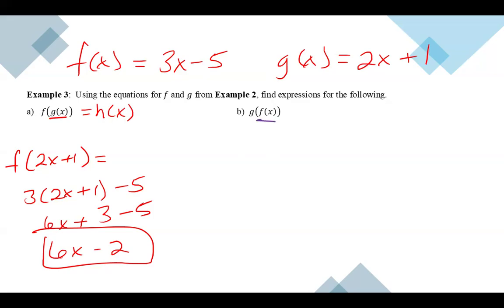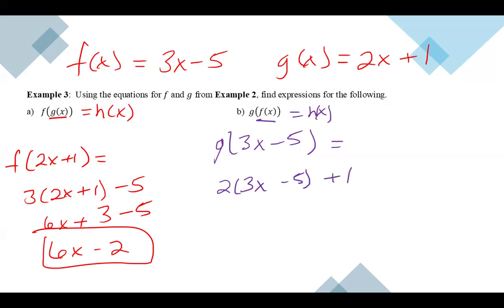So for this one, we have f of x being substituted in. So we have g, and we have 3x minus 5 going in to create our new h of x. And so that gives us 2 times 3x minus 5 plus 1. Don't forget the outer parts of the function. When we distribute, we end up with 6x minus 10 plus 1. And you should end with 6x minus 9.